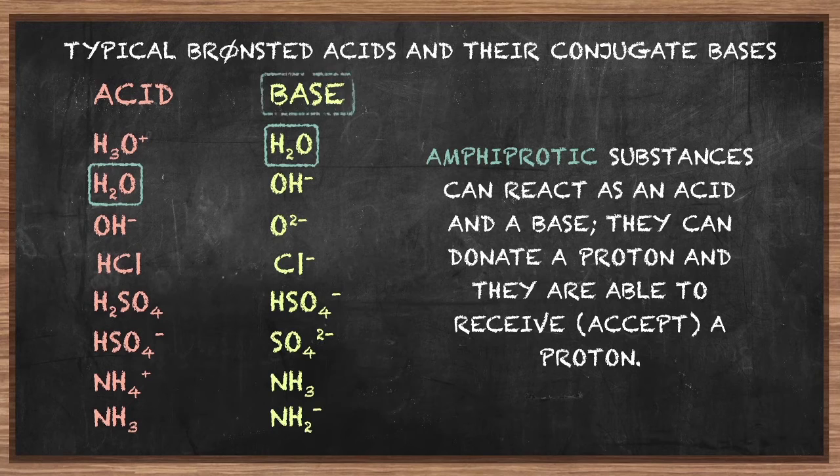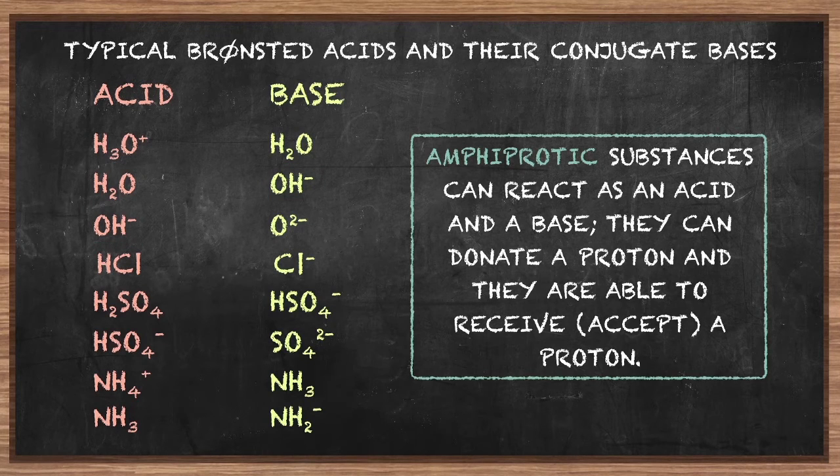Water appears as a base and as an acid. So, does the hydroxide ion appear as both a base and as an acid? Substances which can act as a base and as an acid when reacting are called amphiprotic or amphoteric substances.